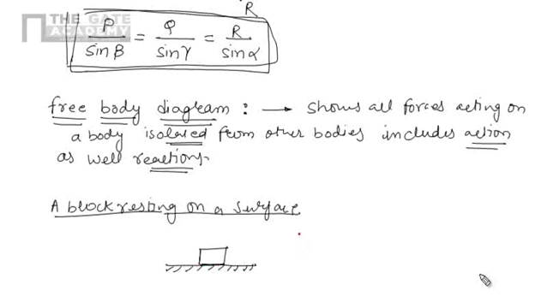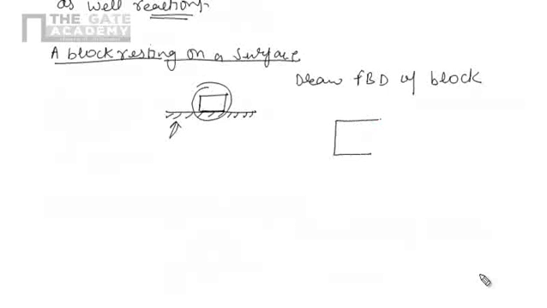So now we are interested in drawing the free body diagram of the block. For drawing the free body diagram, first we have to isolate this block from the other bodies. Other bodies means this surface. So I am just isolating this block from the surface.